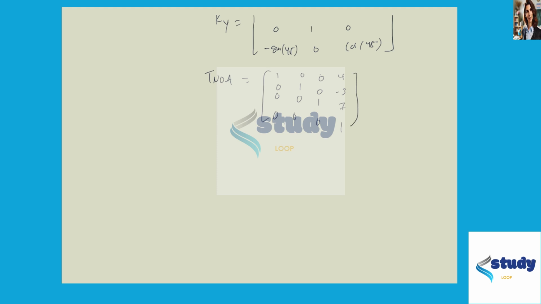And our R of O is going to be 1, 0, 0; 0, cosine of 90, negative sine 90; 0, sine 90, and cosine 90.